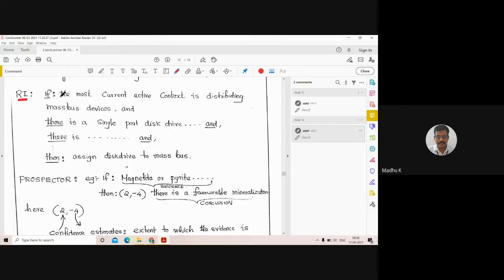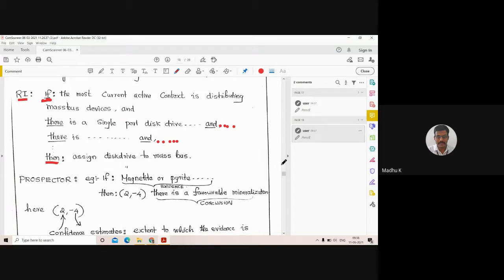For example, if the most current active context is distributing mass bus devices, and there is a single port disk drive, etc. This is the if part, and the then part consists of adding a disk drive to the mass bus. This is used for configuring a particular system.